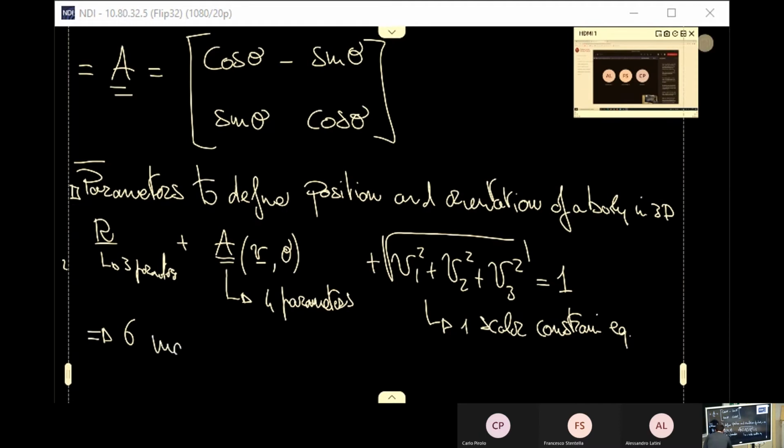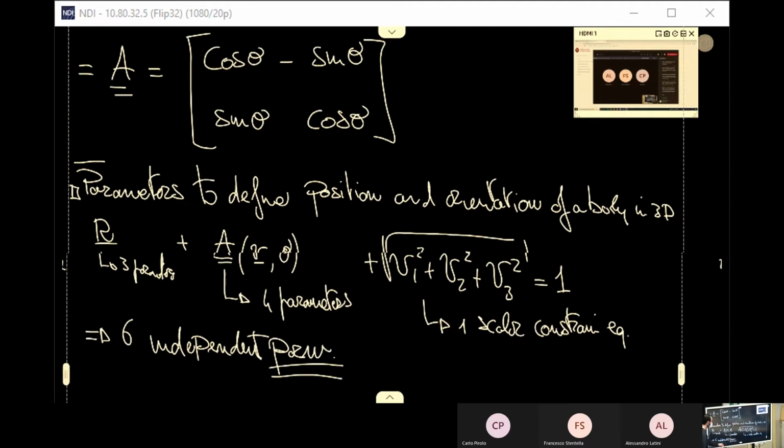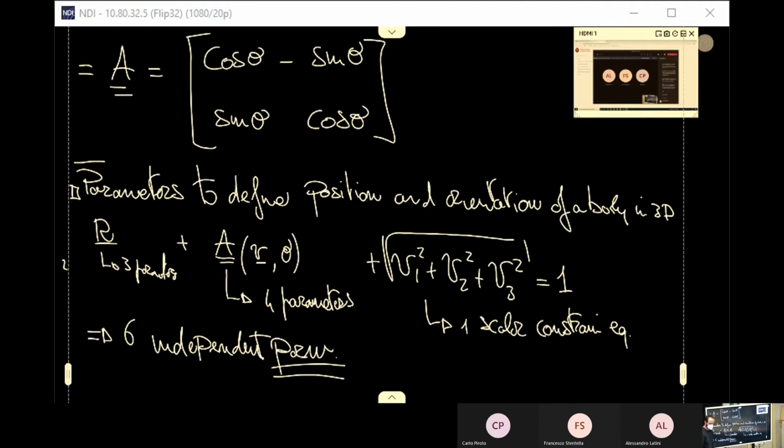So 6 independent parameters are needed to identify univocally the position and orientation of a rigid body within the 3D space.